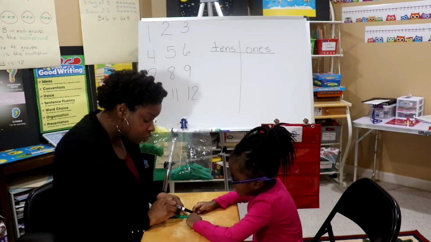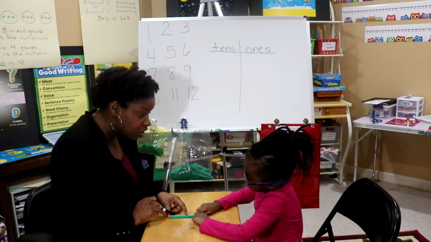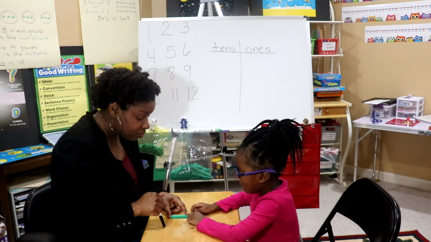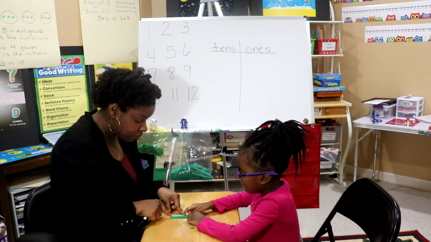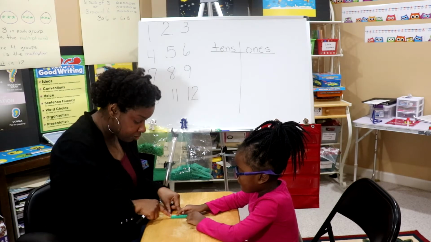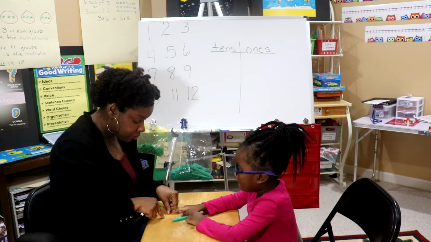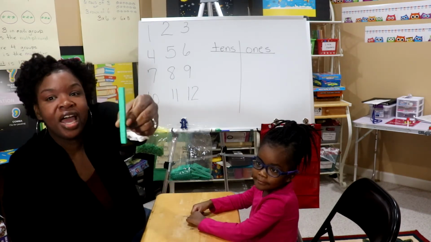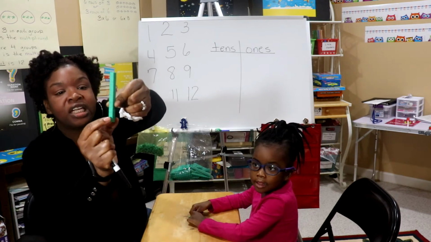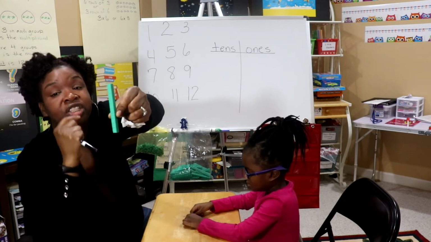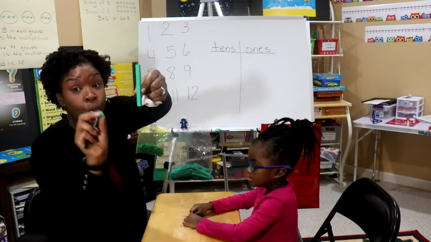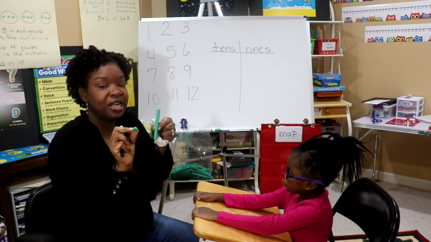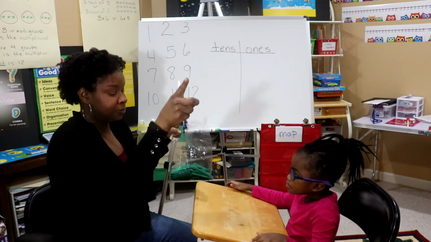So how many of these ones do you think we're going to need to equal this length? 10. Okay, and if you didn't see what she did, once she showed earlier, it had sections on it. So she counted each section to realize we're going to need 10 ones to equal this 10. And that information will be needed as we go through this lesson.